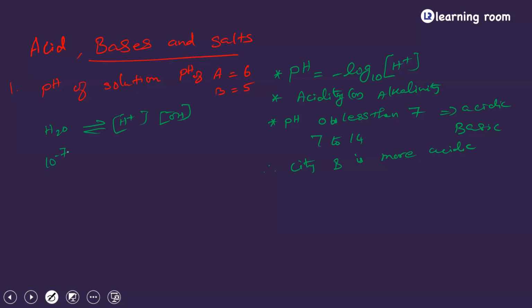When you multiply, that means 10 power minus 7 times 10 power minus 7, and when you take the log, pH is 7 and pOH is another 7. Then pH plus pOH of a solution becomes 14. Okay, next question.